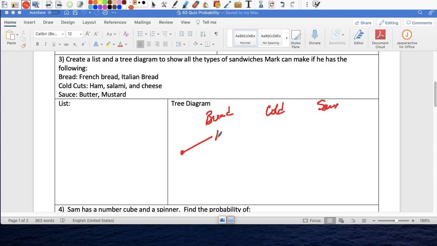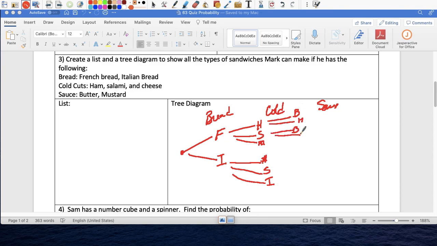So for bread, I had French or Italian, and with that, I could have had ham, salami, or cheese. Same thing for the Italian bread. Ham, salami, or cheese. And then with each of these, I could have had butter or mustard. Butter, mustard, butter or mustard. And again, repeat at the bottom, butter and mustard, butter and mustard, and one more, butter and mustard.